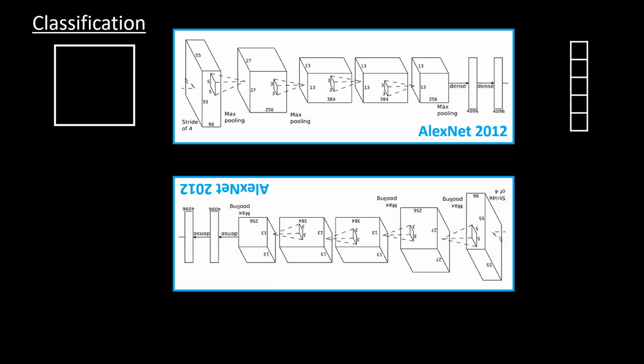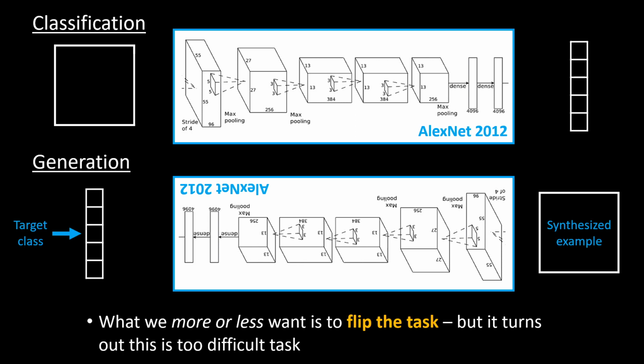What we would like to do is sort of flip this task, and by that I mean basically be able to tell it, oh hey, I want this one particular class, and see what the model is able to synthesize as an image, as a sample of that class.